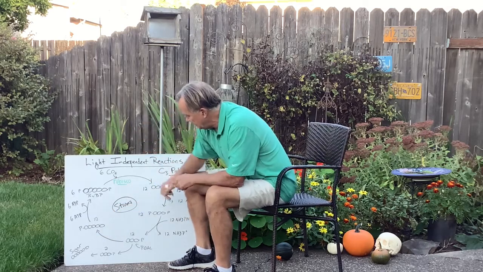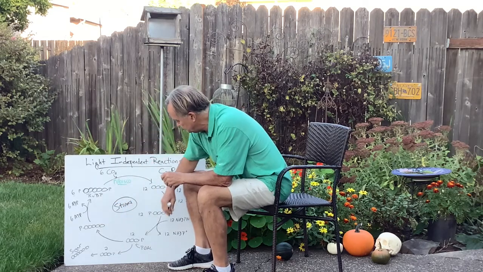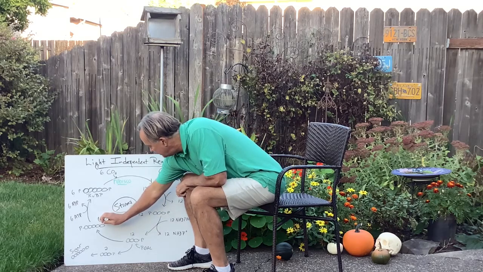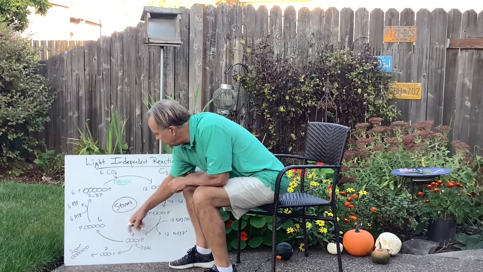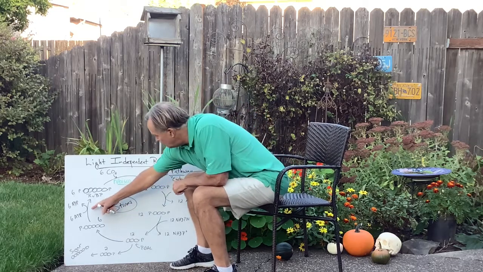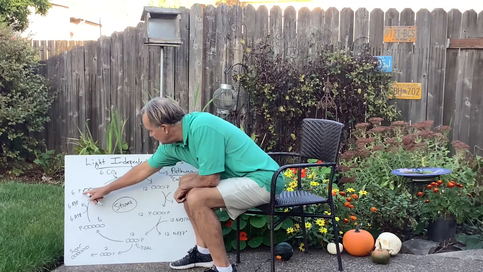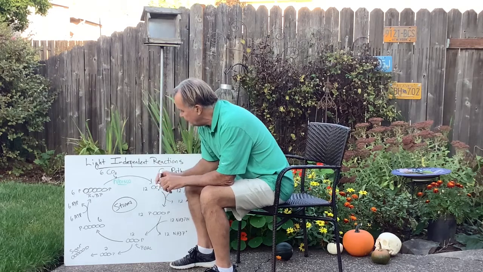No, that's not right. You end up with 6 of those. 6 times 5 is 30. And then you use up one more ATP and add a phosphate group, so now you end up with bisphosphate. Now we're back to the start with ribulose bisphosphate.